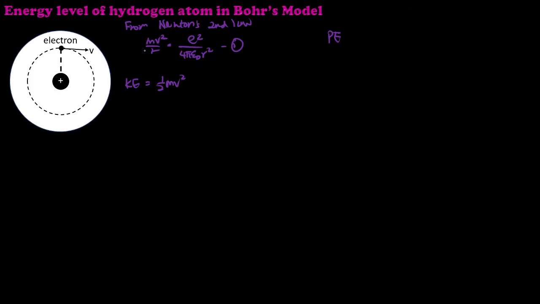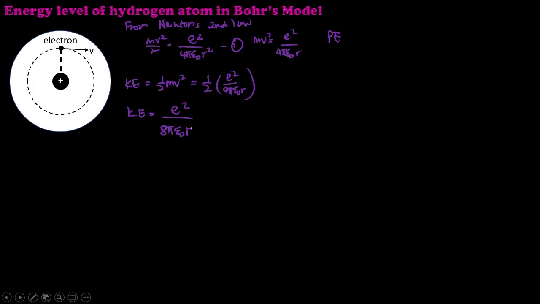If you rearrange this first equation, this r moves to the right, then you will get mv squared equal to e squared over 4 pi epsilon naught r. So you substitute this into here, and KE will be equal to e squared over 8 pi epsilon naught r. This is the kinetic energy of an electron.